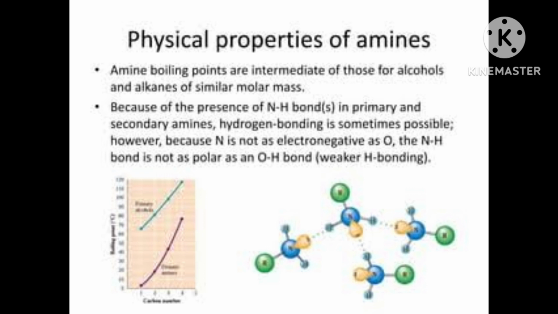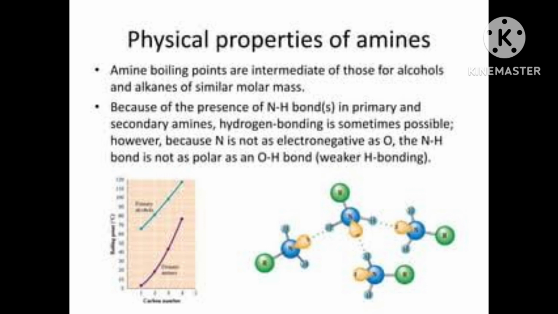Now just listen. Amines are soluble in organic solvents like alcohol, ether, and benzene. Also, you should remember that alcohols are more polar than amines and form stronger intermolecular hydrogen bonds than amines.